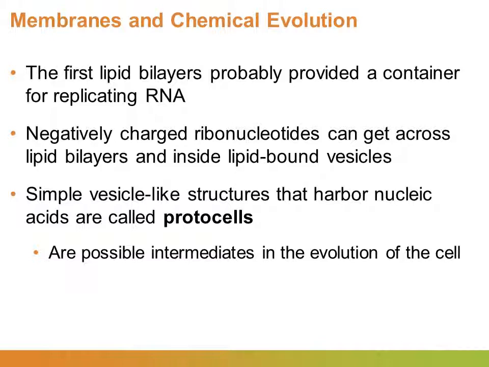Membranes in chemical evolution. I want to remind you from the nucleic acid chapter that the tipping point in chemical evolution was the evolution of nucleic acids, the information molecule. And if I want to be even more specific, it was an RNA world first before it was a DNA world.